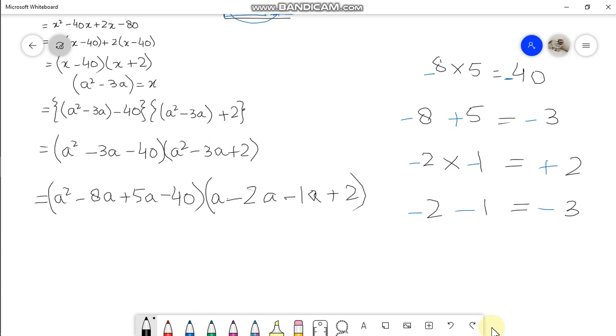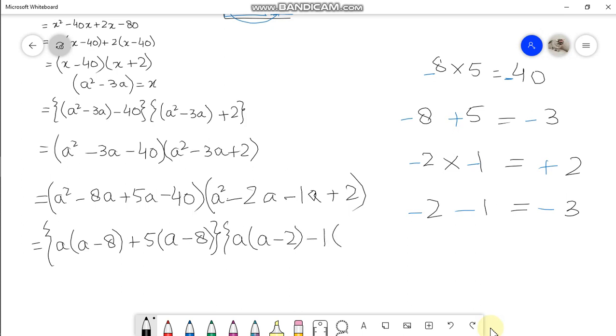Now taking common from the first bracket, the common is a minus 8, and from the remaining terms, 5 is the common, giving a minus 8. Now for the second bracket, a is again common, leaving a minus 2, and minus 1 is common from the last two terms, giving minus plus minus 2.